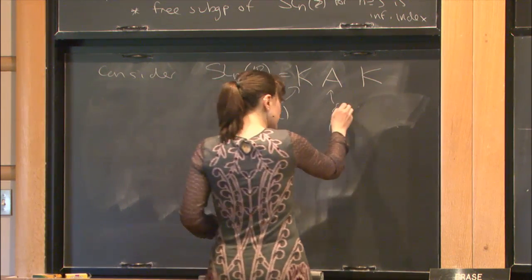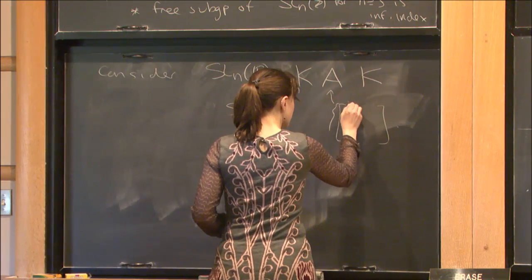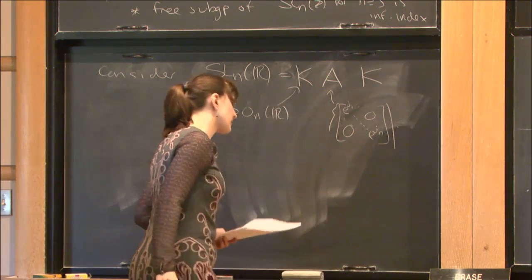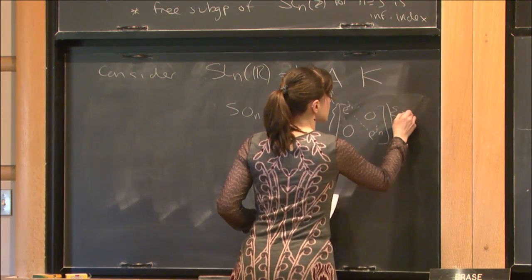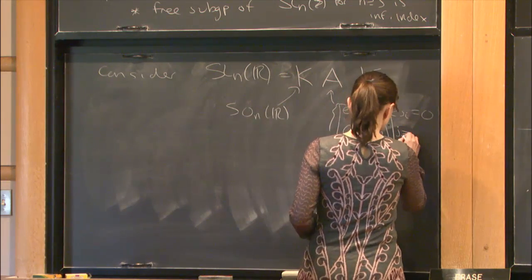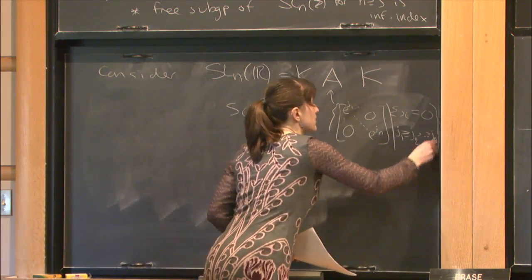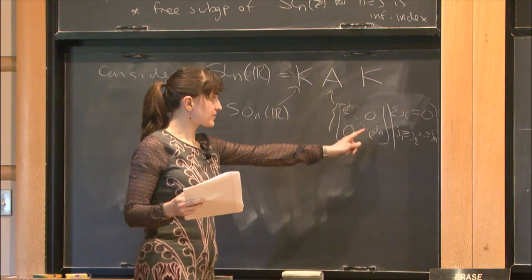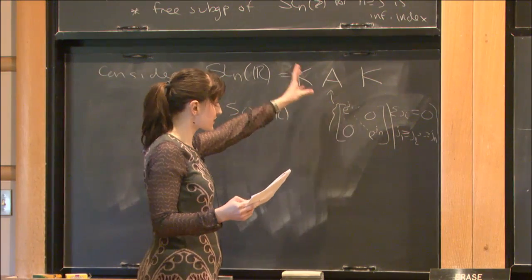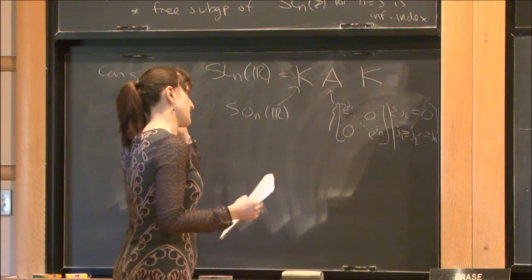So I'll write this, this is going to be the set of diagonal matrices, which I'll denote by e^j1 through e^jn, where the sum of the ji's is 0, and j1 is greater than or equal to j2, greater or equal to so on, greater or equal to jn. Okay, so first of all, these guys are going to be positive. They're going to be the singular values. If you want to look at what this decomposition is, these are the singular values of that element, and they're ordered in decreasing order like this.